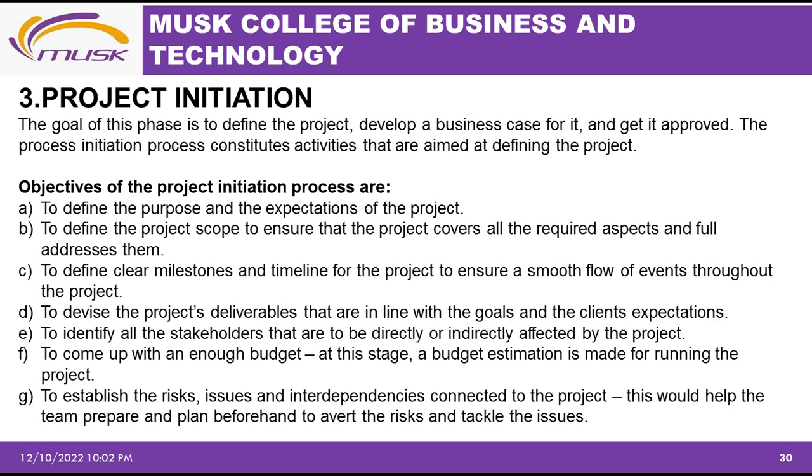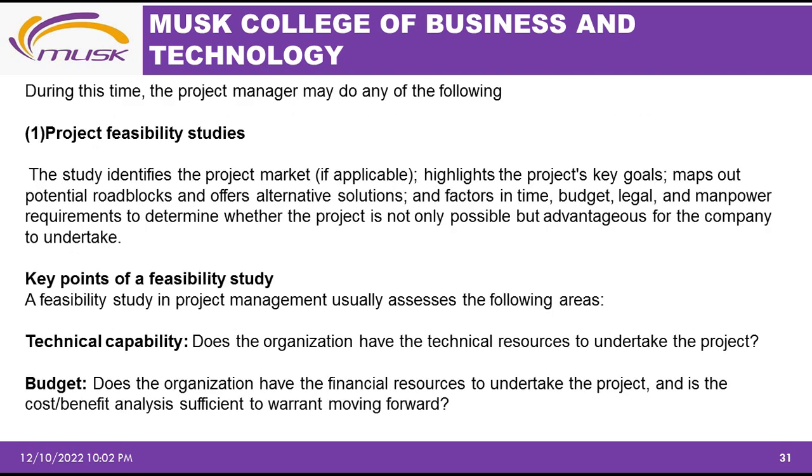And the other one is to establish the risks, issues, and interdependencies connected to the projects. So at this stage, we can also establish and identify the risks, and we are saying this would help the team prepare and plan beforehand to avert the risks and tackle any issues.